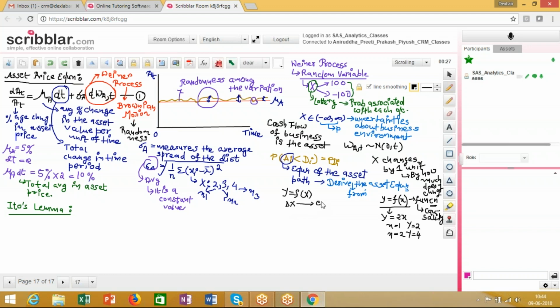So this is called the change in x. And y correspondingly changes by an amount delta y.